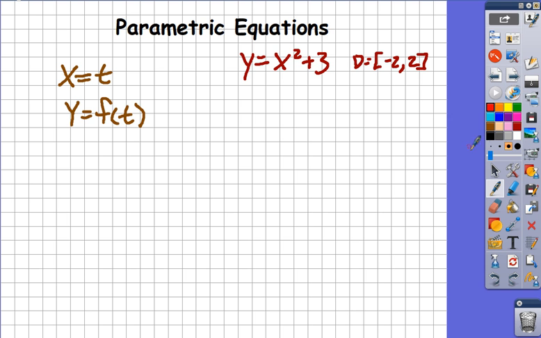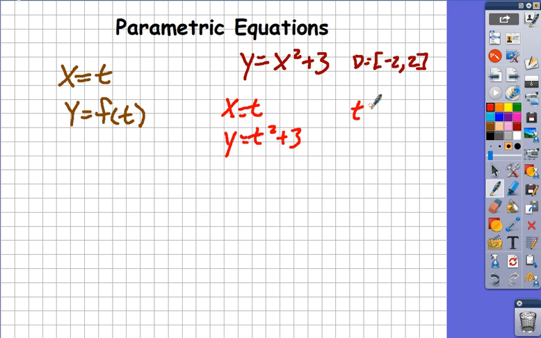All we've got to do is say that x equals t. And if x equals t, we now know that y equals t squared plus 3. So you don't really have to come up with a new equation. You're just saying x is t, and then y is that same function. The best part is, in the domain, if we're doing x values from -2 to +2, and t is the same thing, our t restriction is going to be exactly the same.